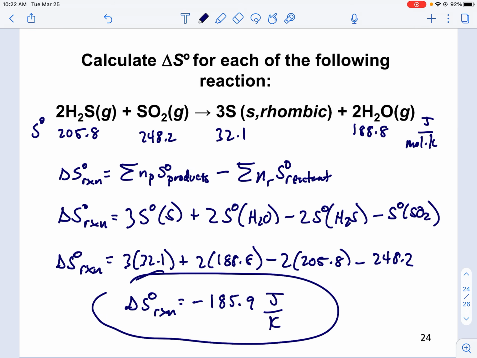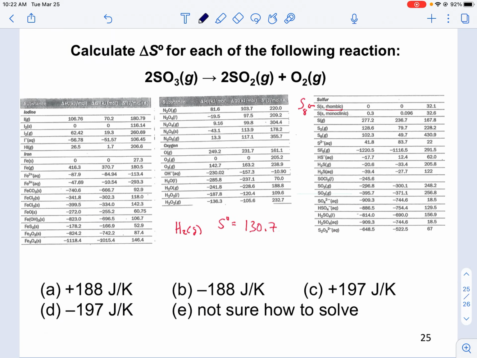All right, let's do one more. Here's that second reaction. Go ahead and calculate that entropy change. While you're working on that, you can pause this.